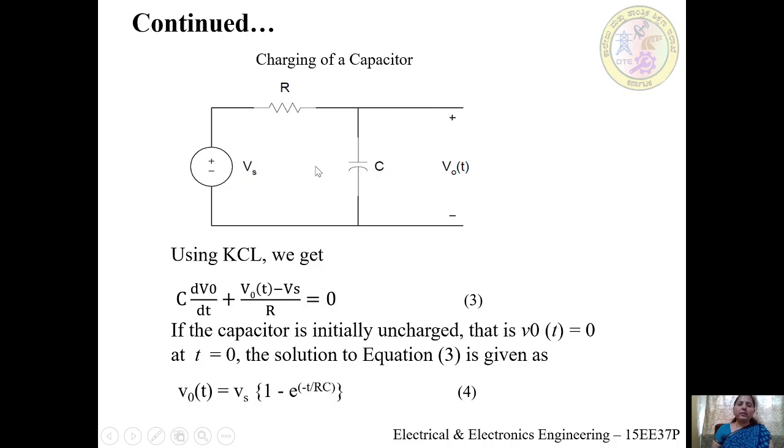So here the circuit shown is for the charging period. So we get the equation like this, and when we simplify this equation, we are going to get V0 of t is equal to Vs into 1 minus e to the power of minus t by RC.